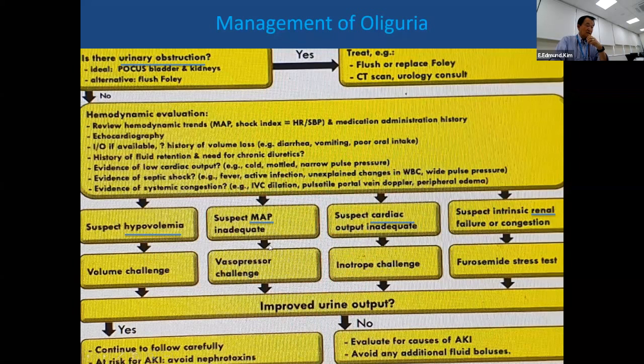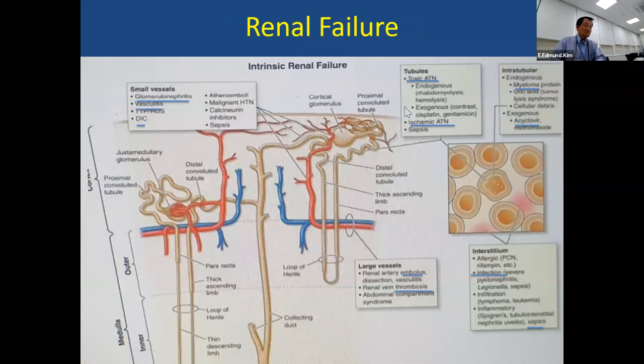Urine volume check and cardiac output, and then renal disease and this kind of things. If urine output is improved, then continue therapy, but otherwise you have to find out any renal damage.